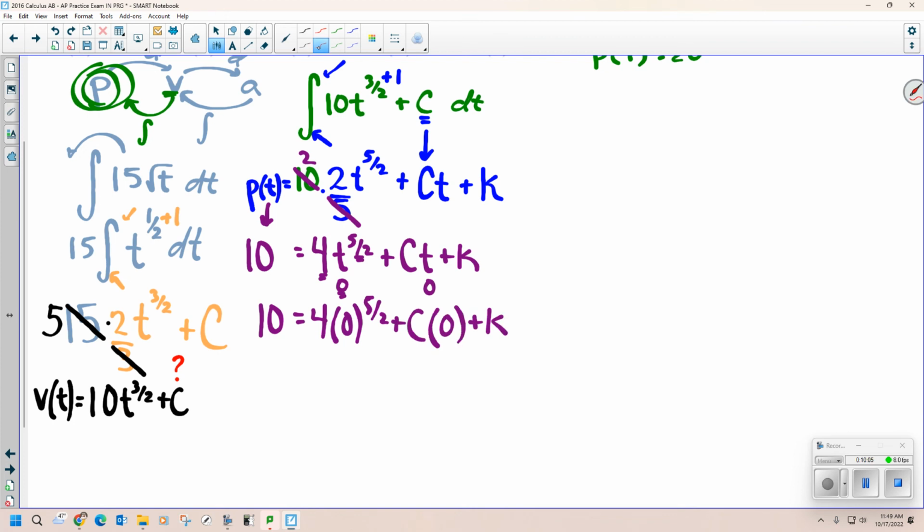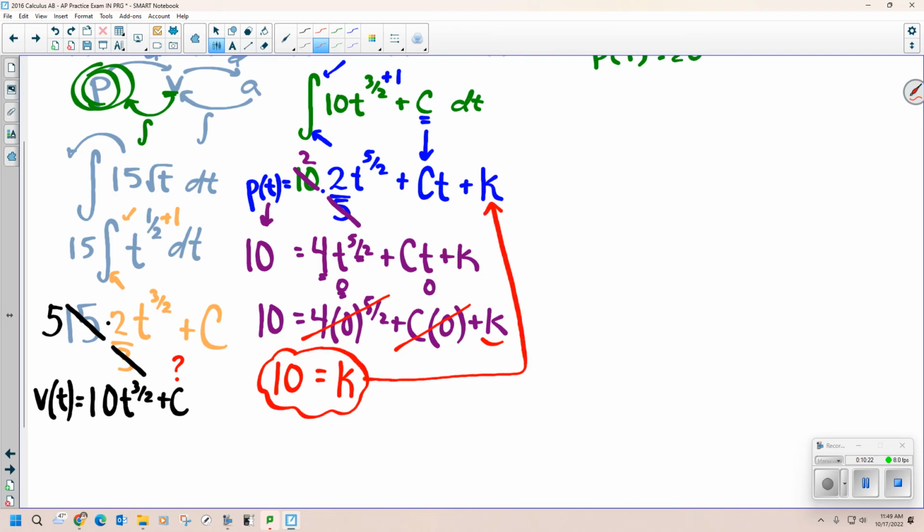Anything times 0, bye-bye. And now I've got k equals 10. That's cool. It looks like I found this value here, so let's plug that in for k. I found the constant that goes with position, but not the one that's going to eventually go with velocity. That's the one I need.